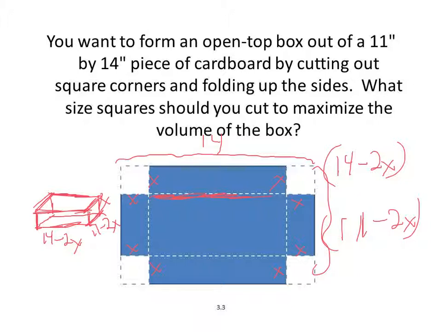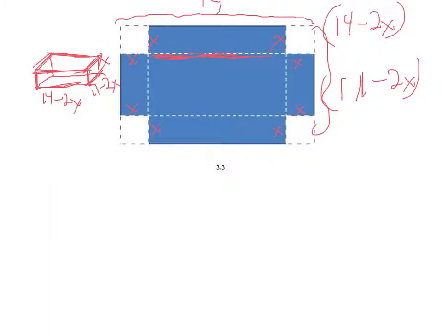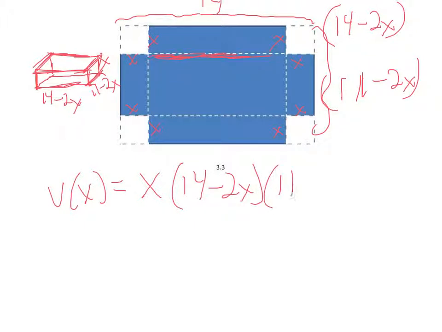So our volume equation is going to be, so the volume based on x is going to be x, because that's the height, times the length, which is 14 minus 2x, times the width, which is 11 minus 2x. And we have to figure out what dimensions maximize this, right?